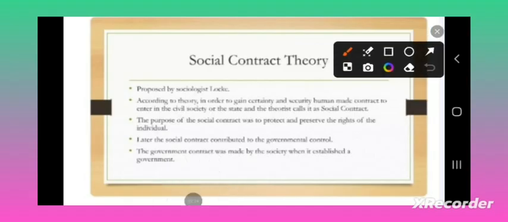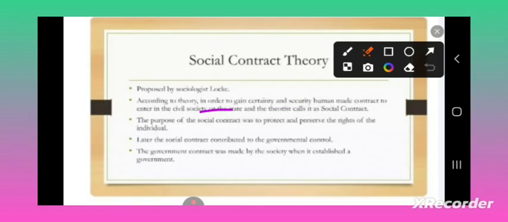Proponents: the theory is often associated with philosophers like Thomas Hobbes, John Locke, and Jean-Jacques Rousseau.